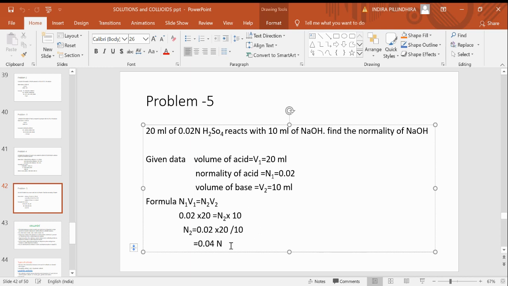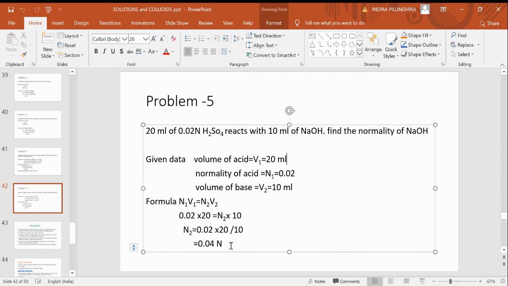Like that we will get the normality as 0.04. So this comes under the category of neutralization reaction. Okay? The previous problem comes under the category of dilution.